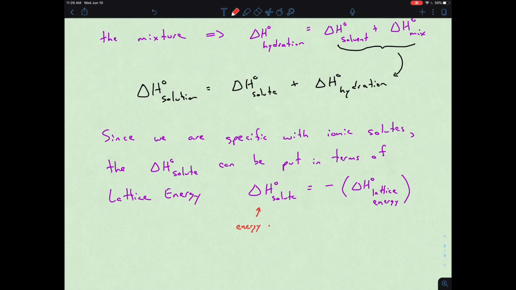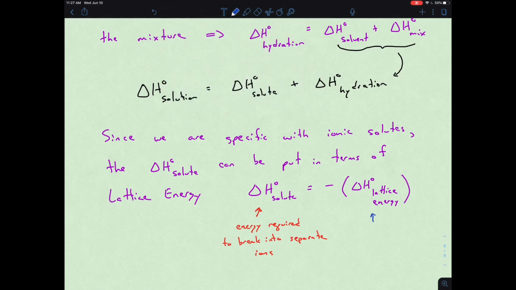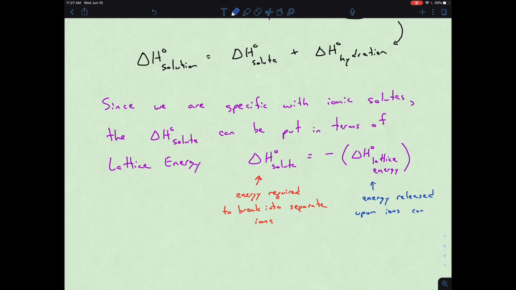where this is the energy required to break into separate ions. But on the other side, this is the energy released upon ions coming together.